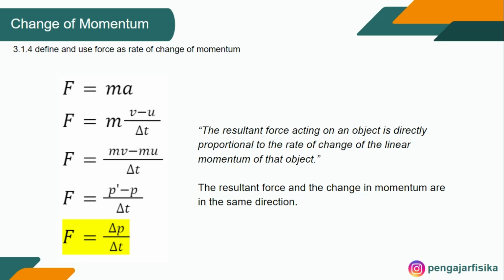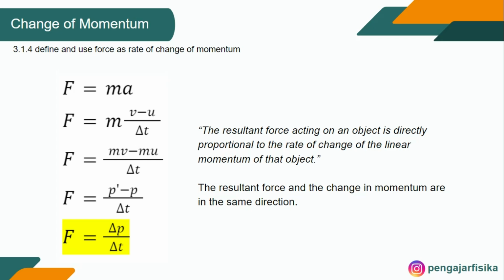This means that when a force is applied to an object, it changes the object's momentum over time. The equation we use here is F equals delta P over delta T, where delta P is the change in momentum and delta T is the time over which the change happens. The greater the force, the faster the momentum changes.